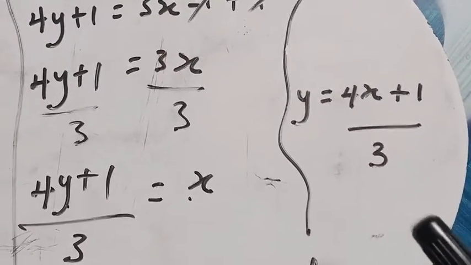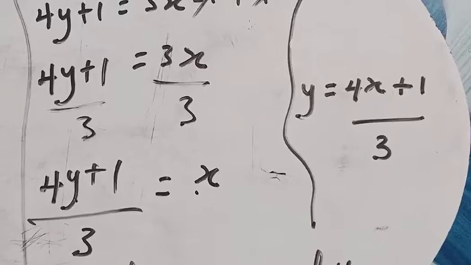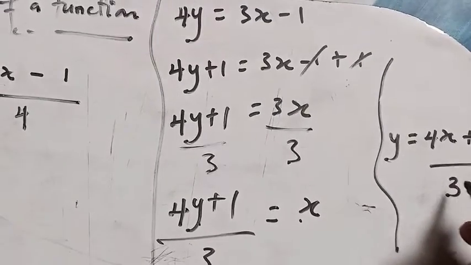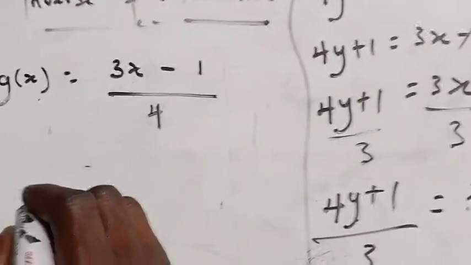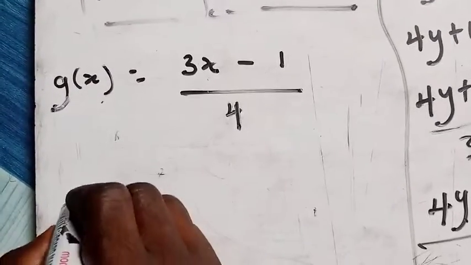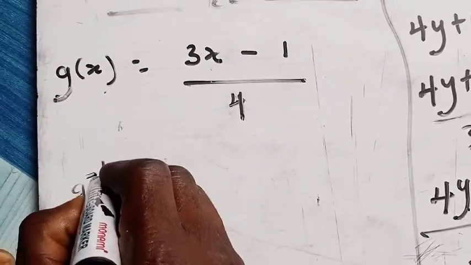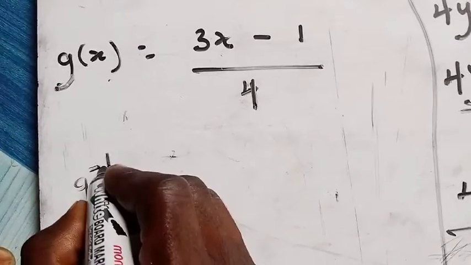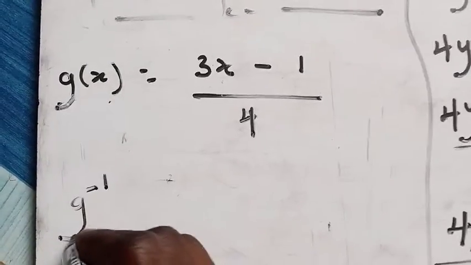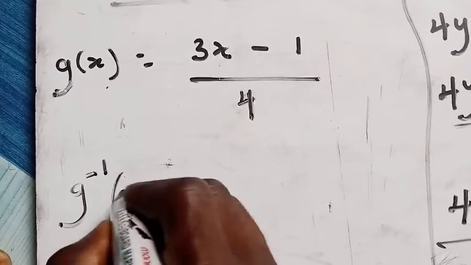So how do you write this in inverse? What symbol is this? This is the symbol that we are going to use to represent the inverse. So in mathematics, the function was g of s. So this is the symbol, g raised to the power negative 1, so g inverse, right? Whatever function you are given, that is what you are going to do. So this symbol stands for inverse, g inverse of x, right?